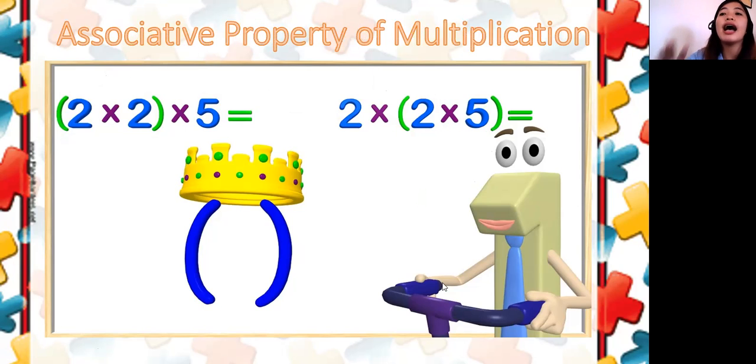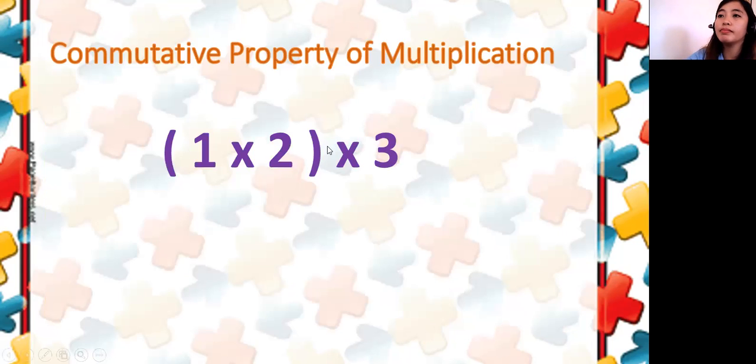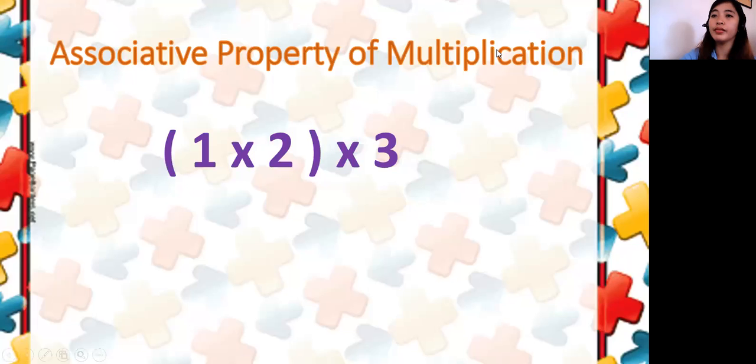Okay, everybody say associative property of multiplication. Okay, that is associative property of multiplication. We can tell it also as APM. So let us try. Okay, so I have here associative property of multiplication. There is 1 times 2 times 3, wherein 1 times 2 is in the group.